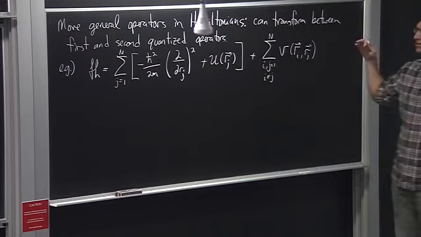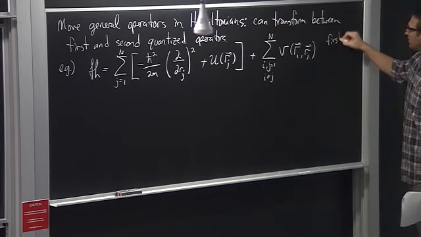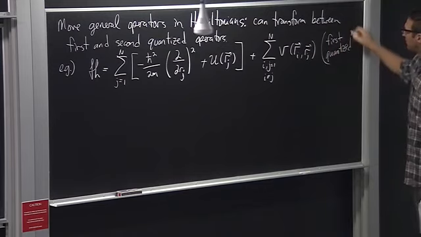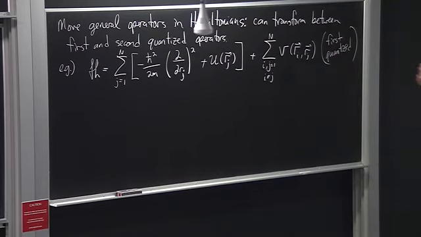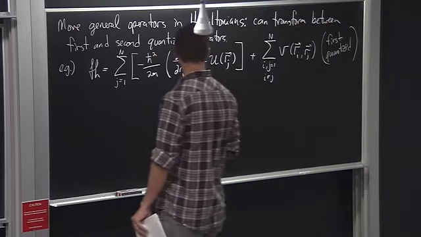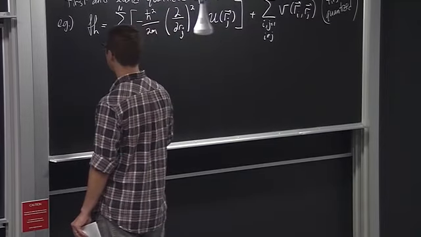So you can take that very general first quantized Hamiltonian, or each one of the operators, and transform it into the language of second quantized many-body Hamiltonians.